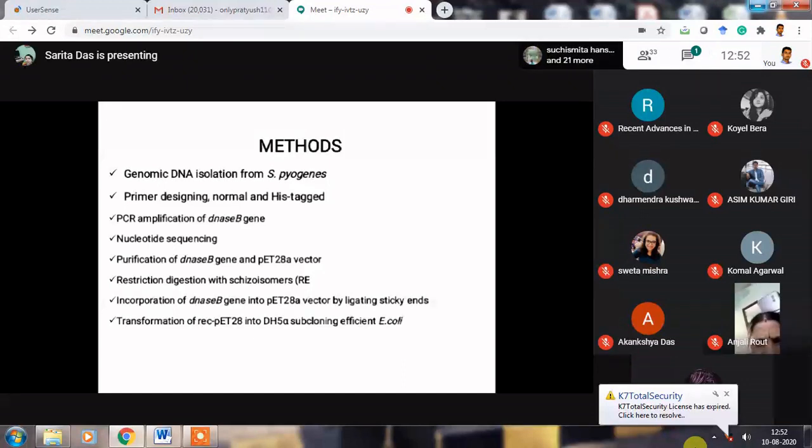It has an 816 base pair sequence. According to the sequence, the primers were designed, the forward and the reverse primers. We can tag with the histidine codons either at the N terminus or the C terminus, but we used the C terminus.